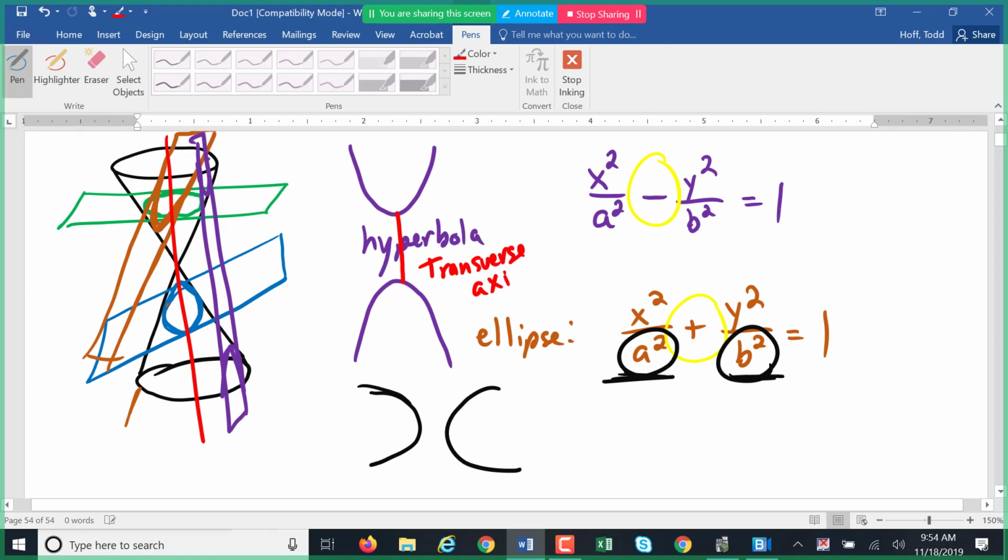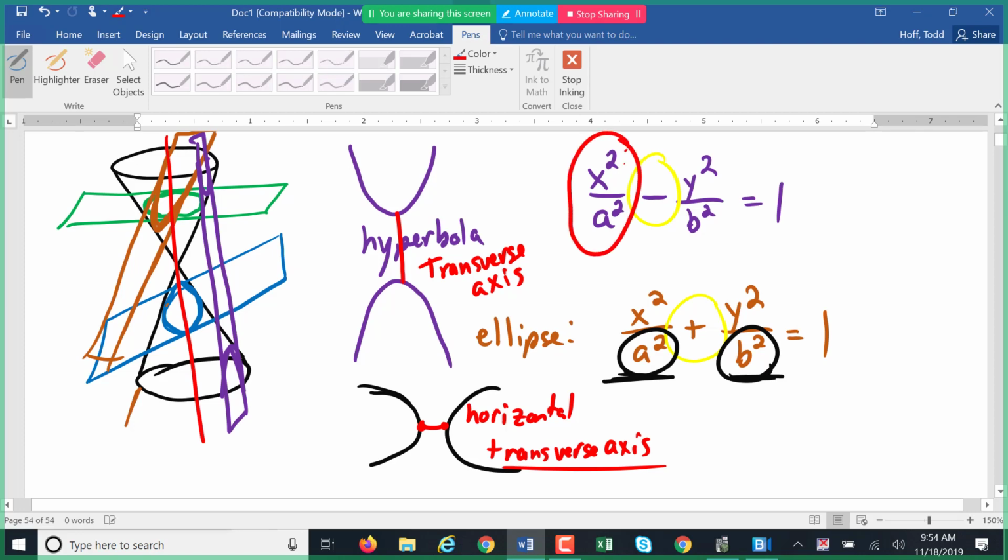Whether we have a vertical transverse axis like that or a horizontal transverse axis like this one, is which one comes first in our equation.